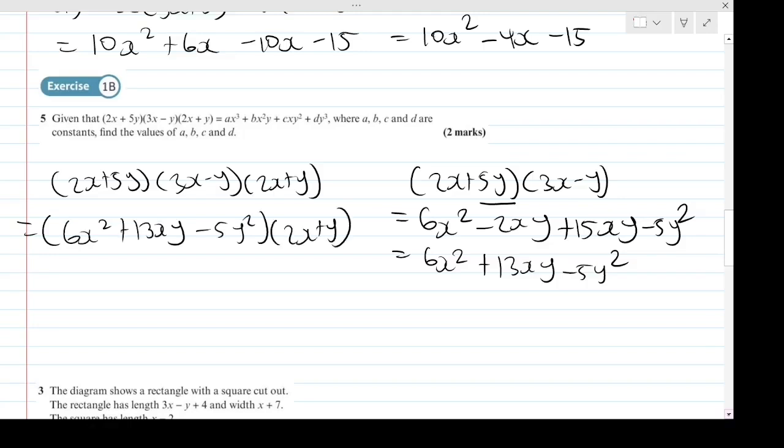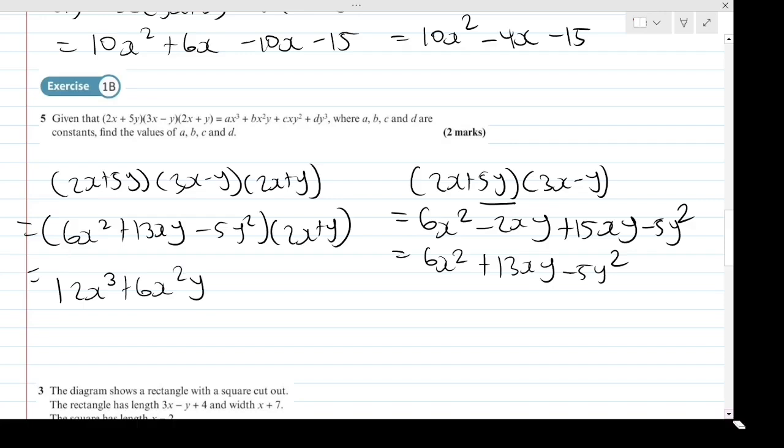Quite a gnarly bracket, lots of expansions, but we can expand this as well using the same method. Okay, well, firstly the 6x squared term times by everything in the other bracket. So 6x squared times 2x is going to be 12x cubed. Then we're going to have 6x squared times y, that's going to be plus 6x squared y.